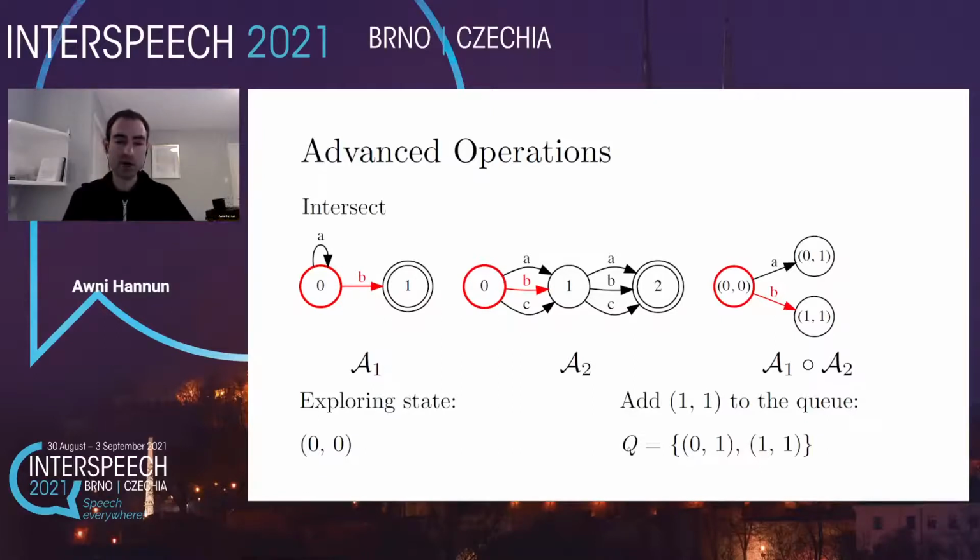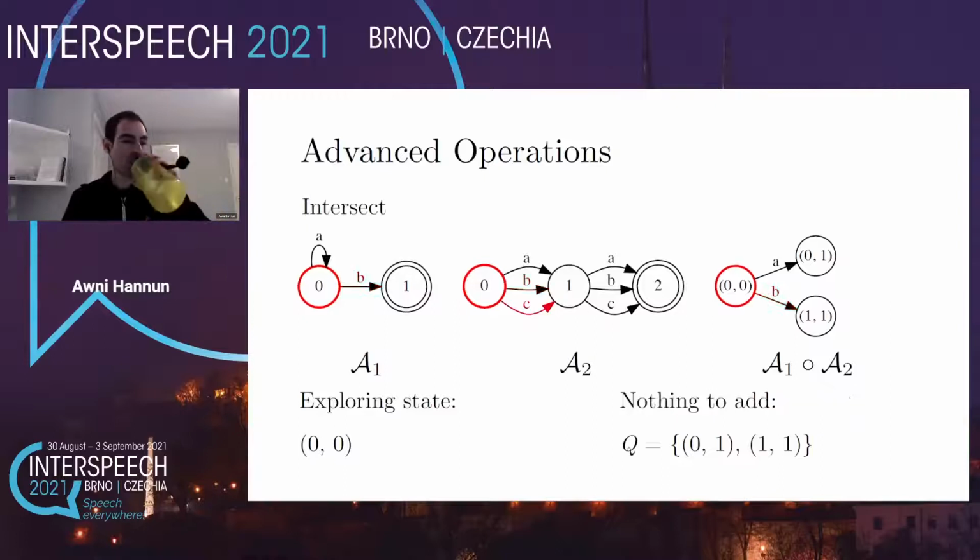We add the arc with the label B. Now we look to see if there's any more matching arc pairs from the state 0, 0 that we're currently exploring. If we look, we'll see that there aren't any. And so what that means is we're done exploring the state 0, 0. There's nothing to add to the queue.